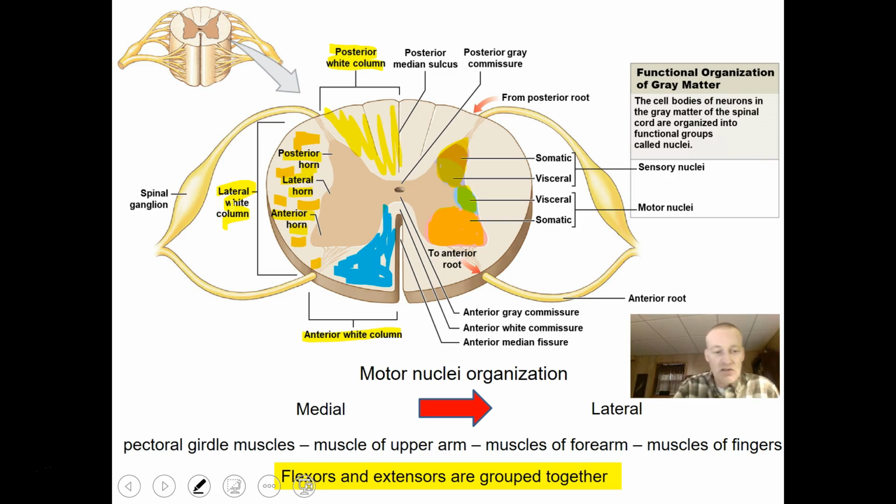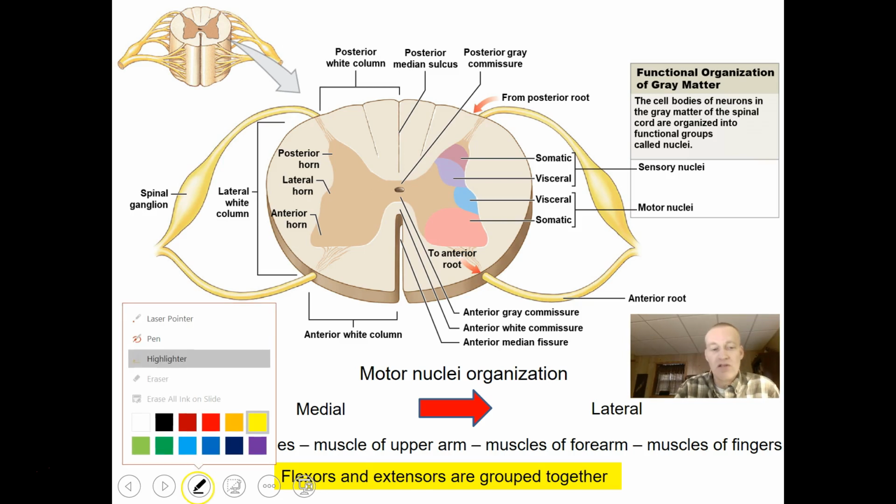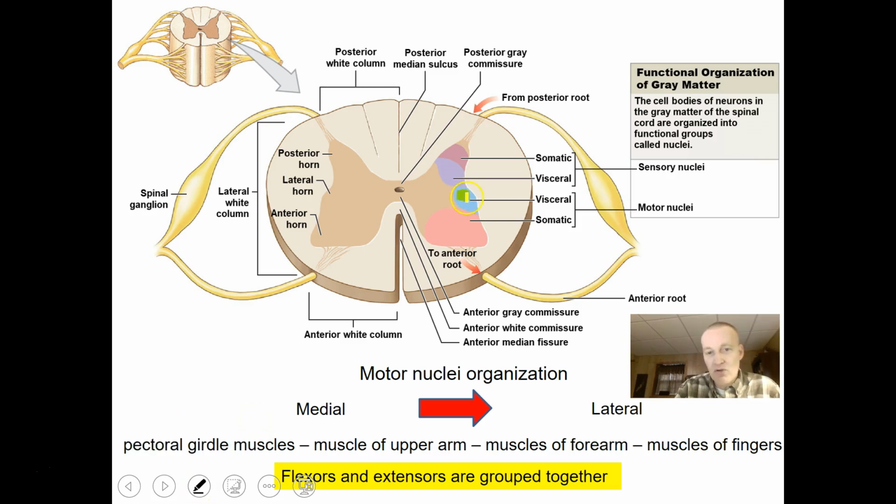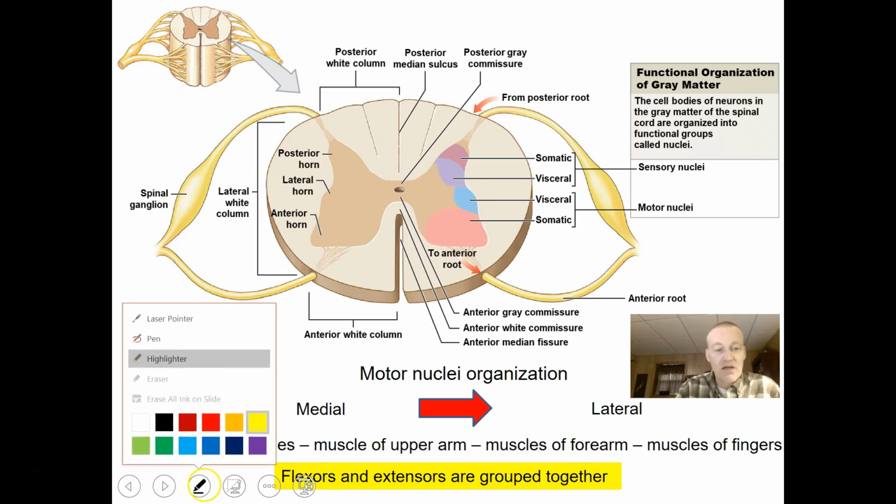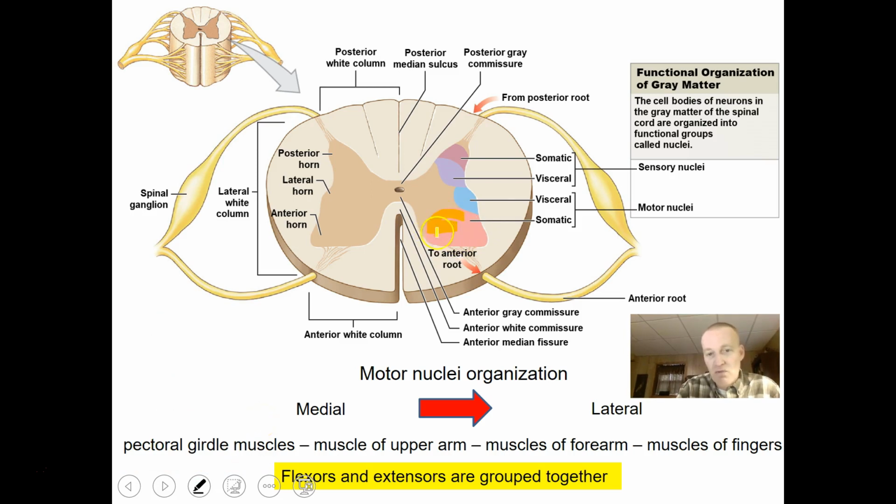I want to switch gears back to these posterior, lateral, and anterior horn regions. Specifically, I want to look at these motor regions, these motor nuclei, the somatic motor nuclei, just to give you a sense that everything is highly organized. Just to give you a little taste of the complexity, the somatic motor nuclei are going to be organized from a medial to a lateral direction.